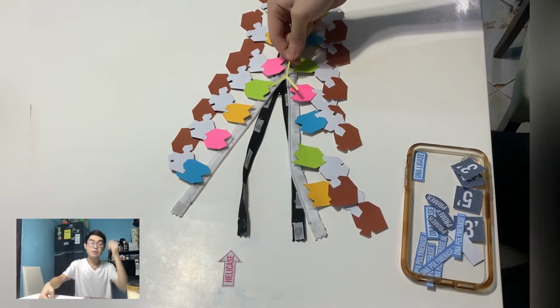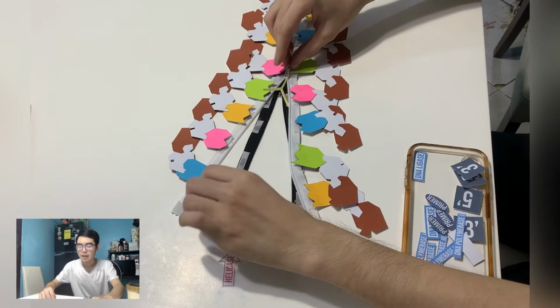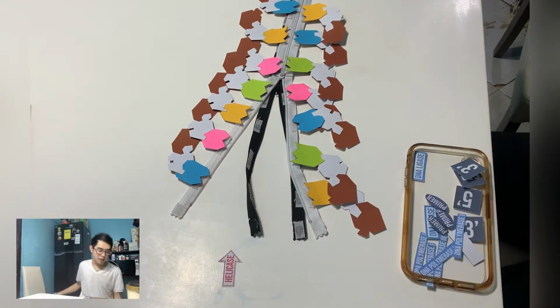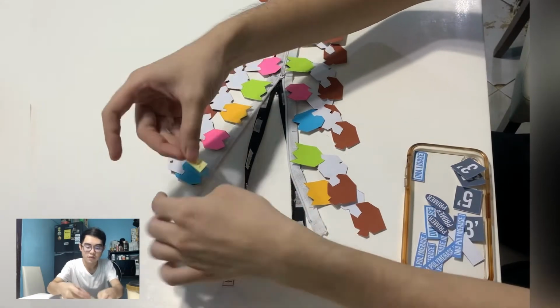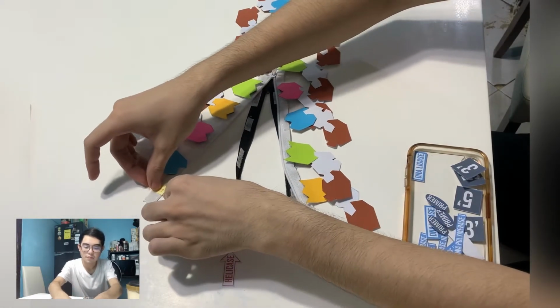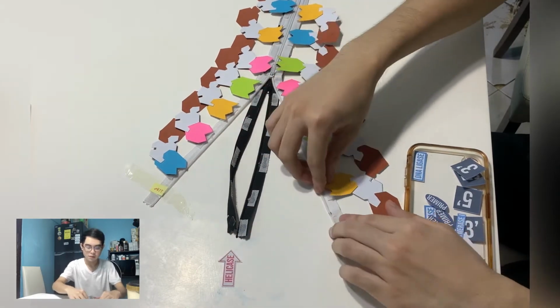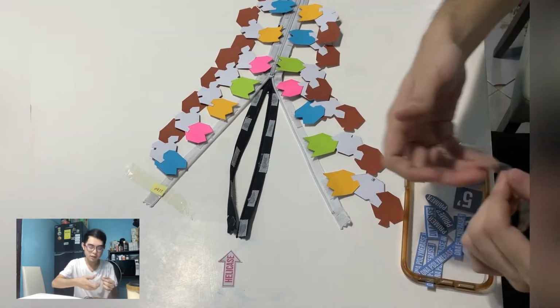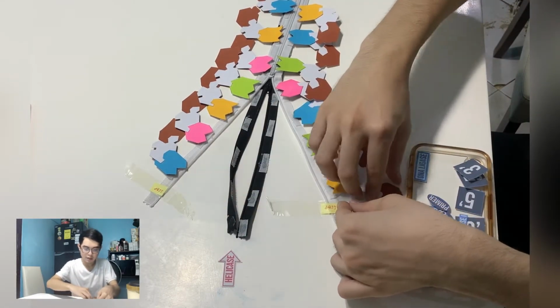After the DNA unwinds, the single-stranded binding protein will attach to the end of the old strand so that it will not flip back to its original form. Okay, so as you can see here, it will attach here.